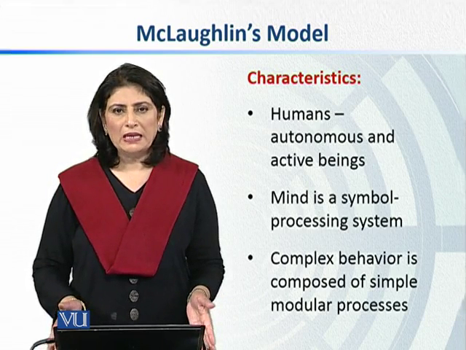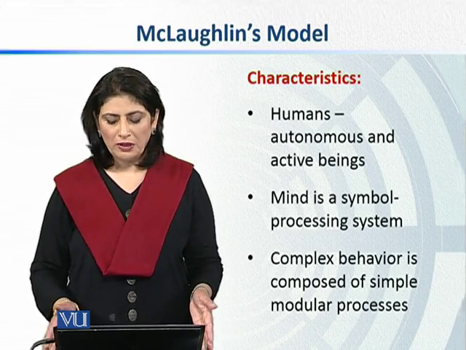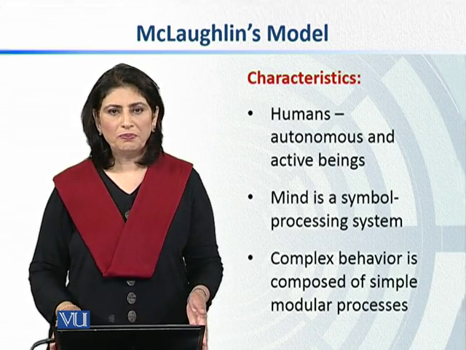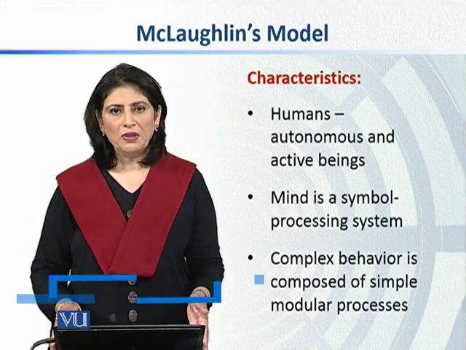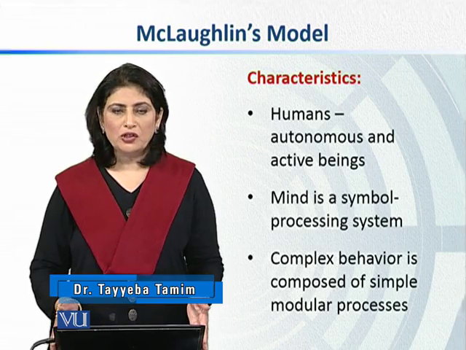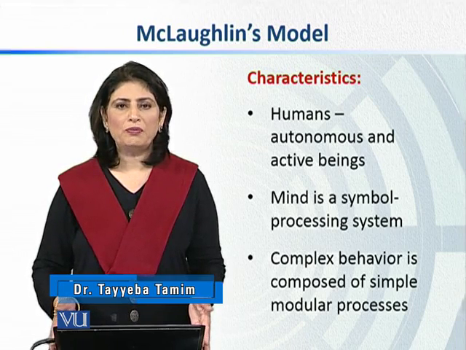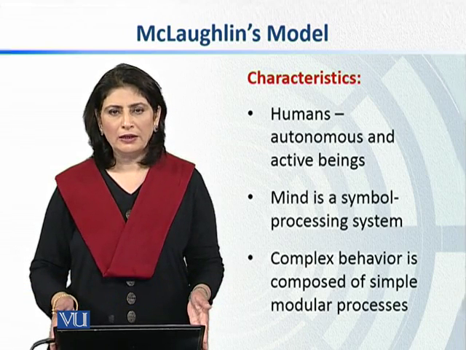So the basic belief of this model is that human beings are autonomous. They have agency to learn a thing. So they are not passive learners. Rather, they are autonomous and active beings. So they voluntarily learn a language.